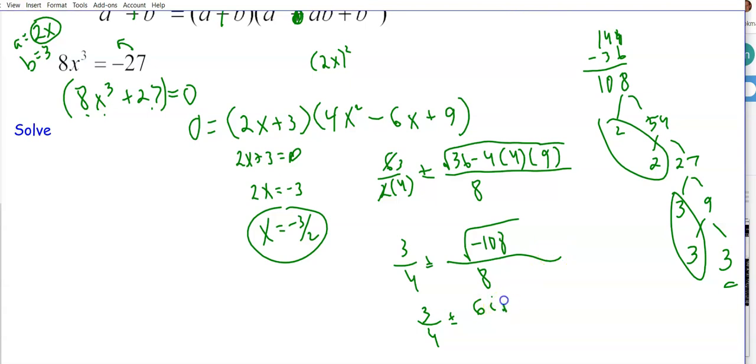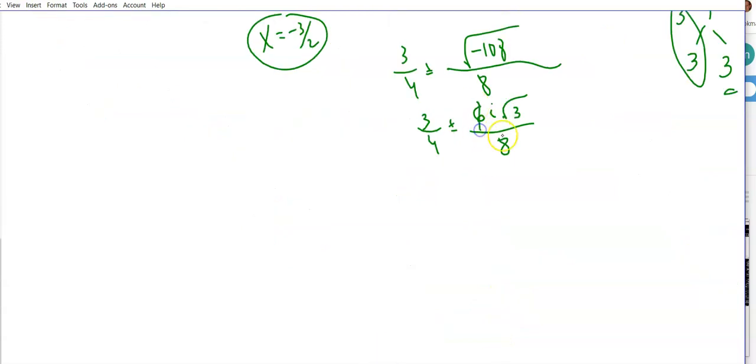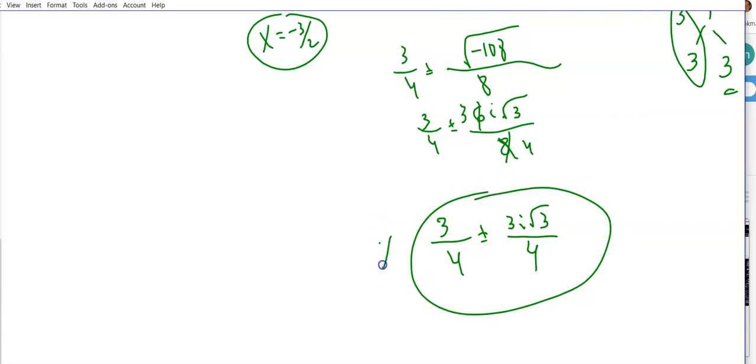Square root of 3 is still left over inside. And so the 6 and 8 cancel, that's going to be 3 and 4. So we get 3/4 plus or minus 3i square root of 3 all over 4. That's my other x value.